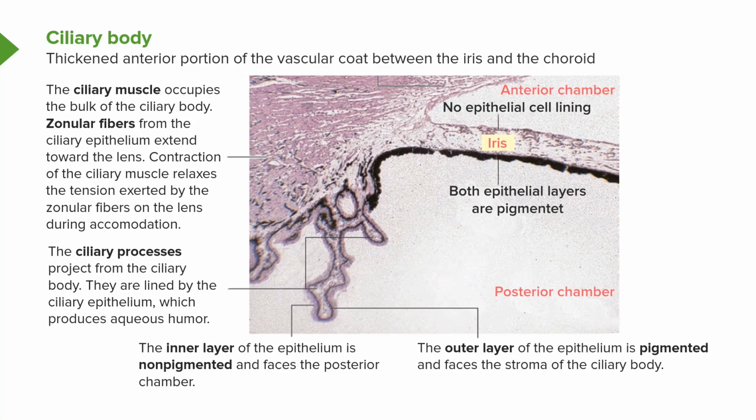And as we'll see in a moment, when the ciliary muscles contract or relax, it changes the tension on those fibres extending to the lens, and therefore the shape of the lens. So the ciliary processes are very important for that. And also the epithelial cells produce the aqueous humour that I'll explain in a moment.